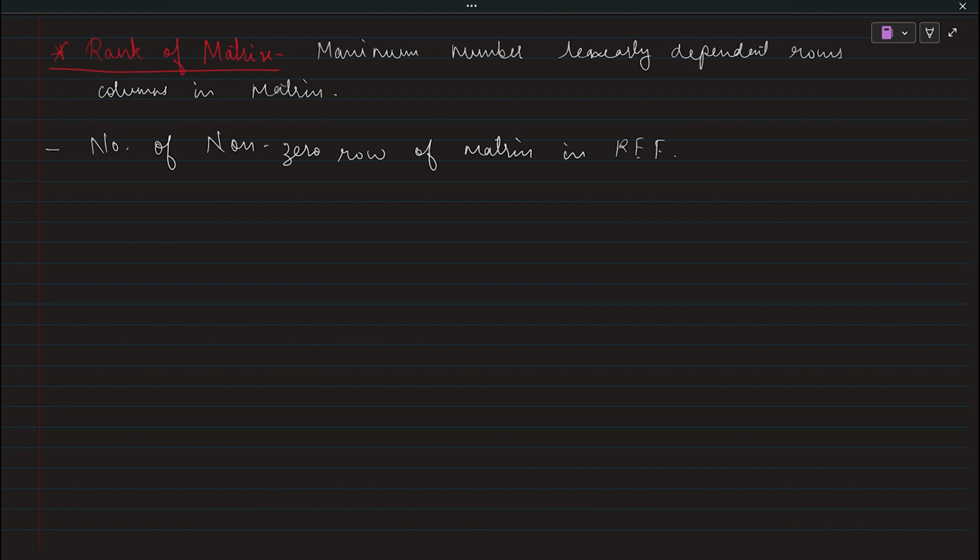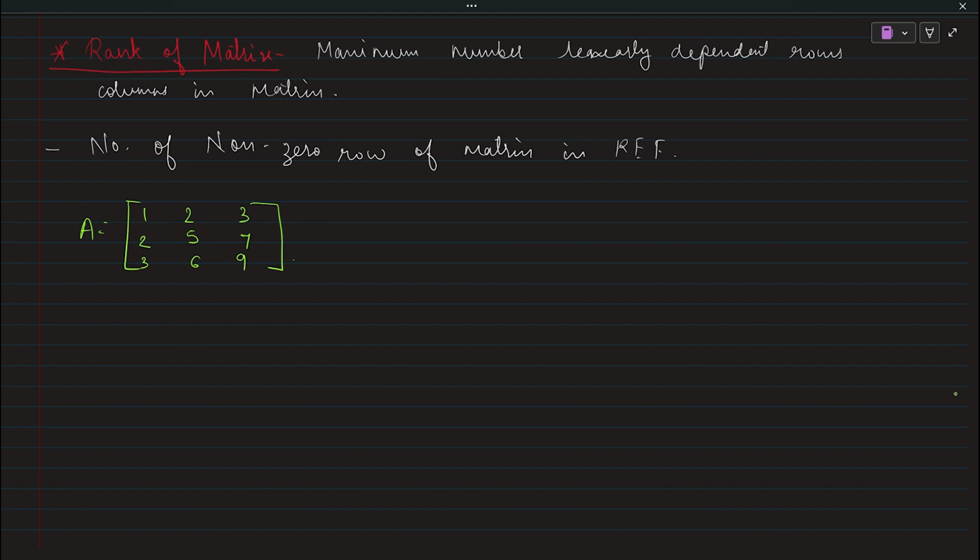Okay, so let's try to find the rank of a matrix A, which is equal to 1, 2, 3, 2, 5, 7, 3, 6, 9. To find the rank of this matrix, we have to reduce matrix A to row echelon form.